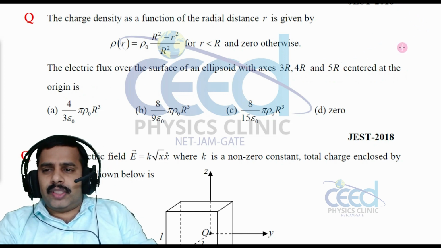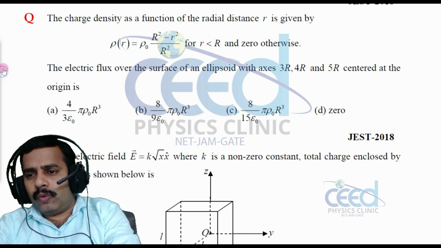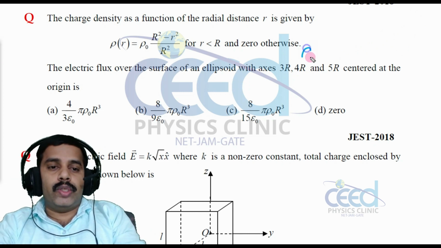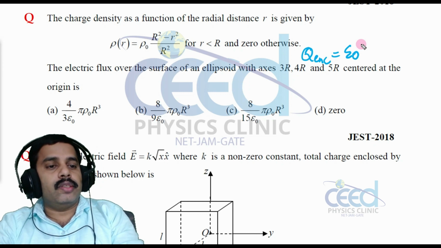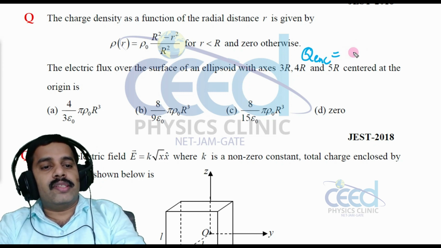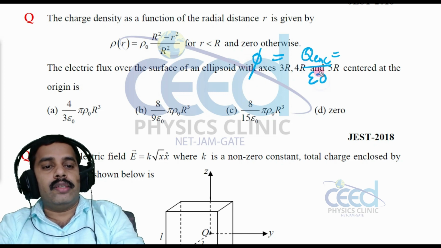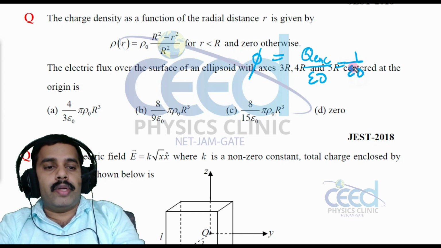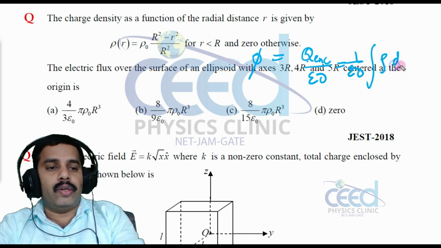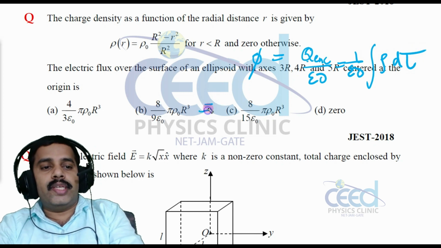So here we can apply Gauss's law, that is flux is equal to Q enclosed by epsilon 0. So we can keep 1 by epsilon 0 here. What is Q enclosed? Q enclosed is equal to the integral of rho d tau, and this rho is given here.